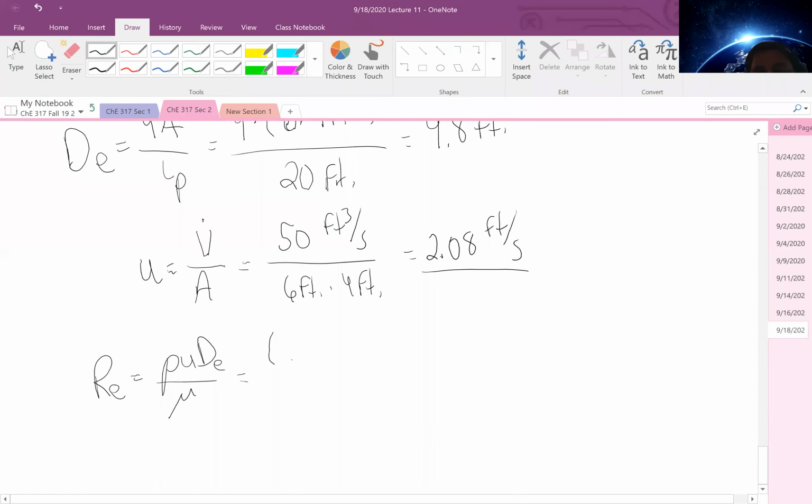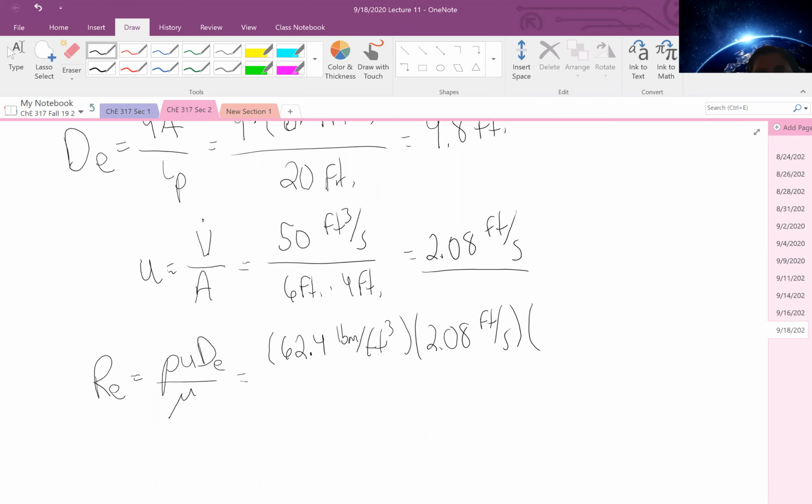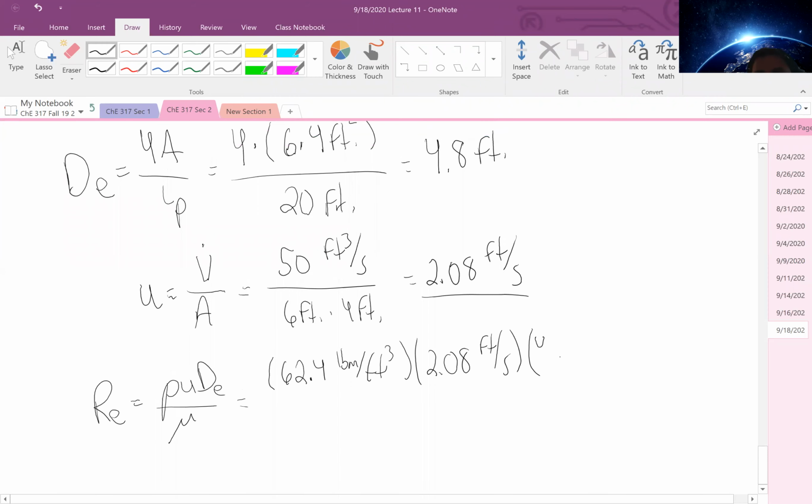Which my density of water, 62.4 pound mass per cubic feet. If you haven't figured that out by now, you can just remember maybe that. The velocity was 2.08 feet per second. The effective diameter we solved for as 4.8 feet.